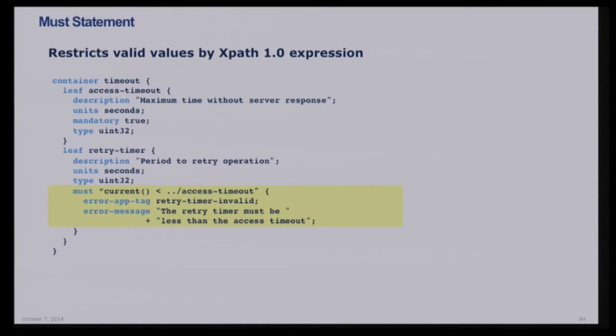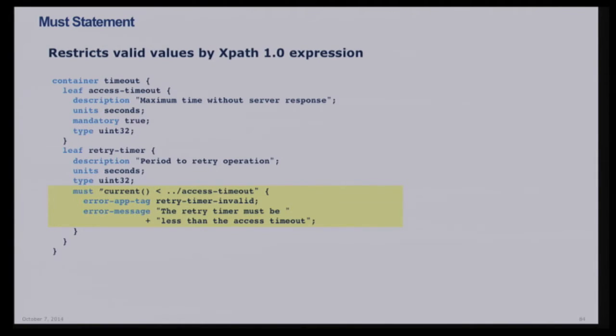So in this case, we are checking that the retry timer, or actually the access timeout, is not bigger than the access timeout. Because if it is, we will abort the transaction, we will refuse the change, and we will just send a message back.